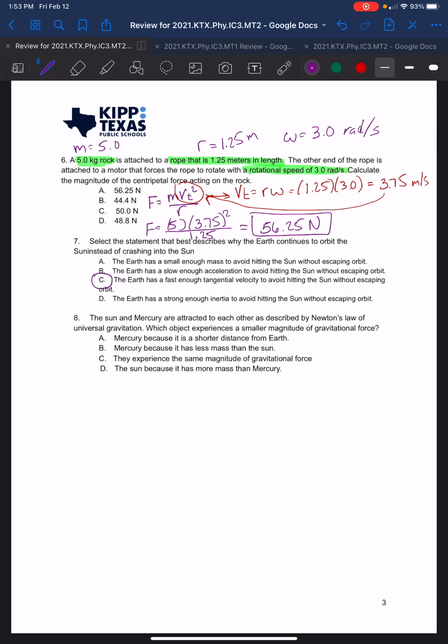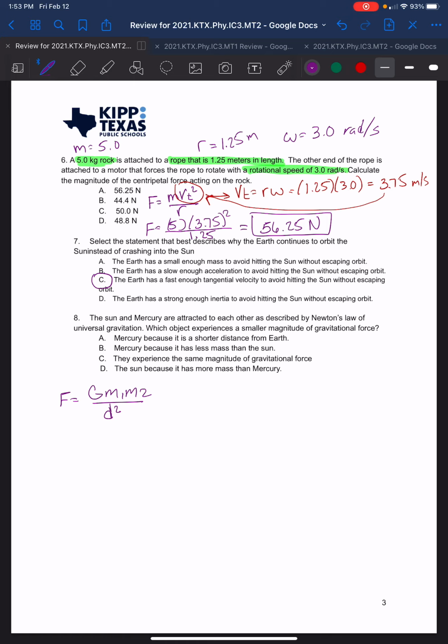All right. The sun and Mercury are not attached, but attracted to each other as described by Newton's law of universal gravitation. Which object experiences a smaller magnitude of gravitational force? So remember, force of gravity is equal to the gravitational constant, mass 1, mass 2, divided by d squared.